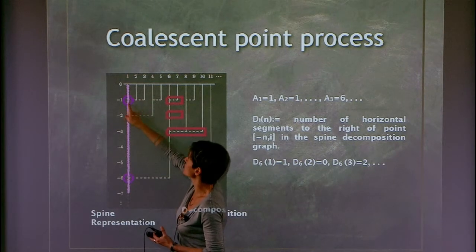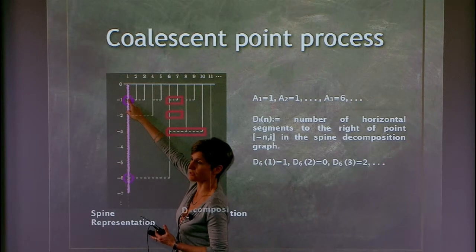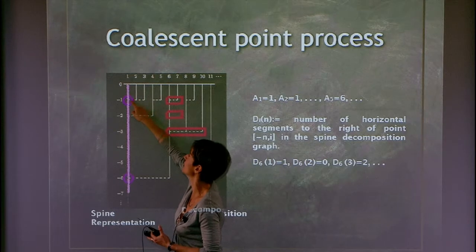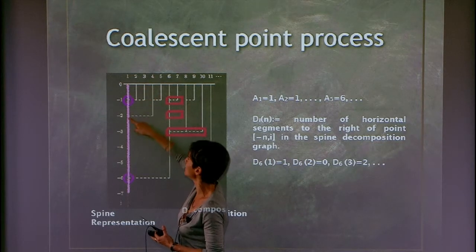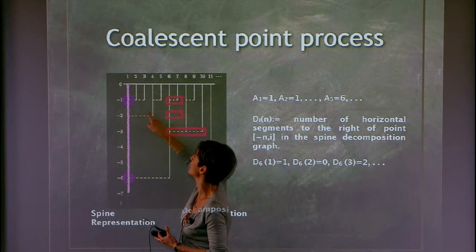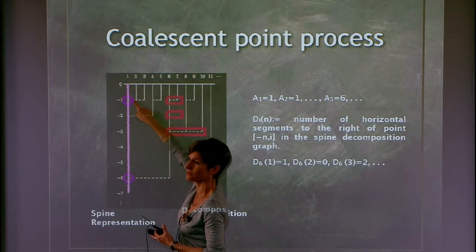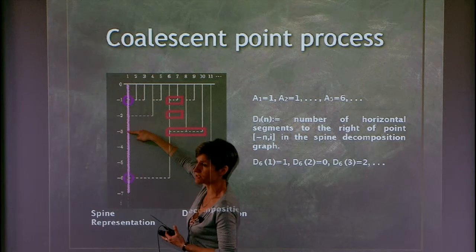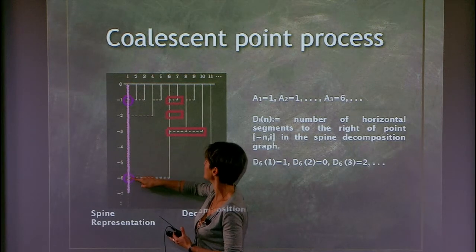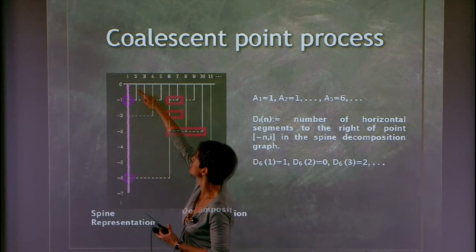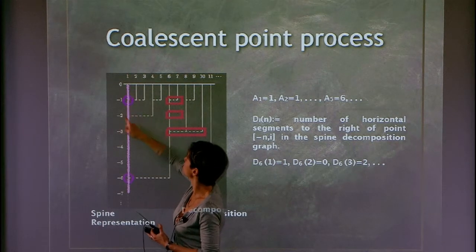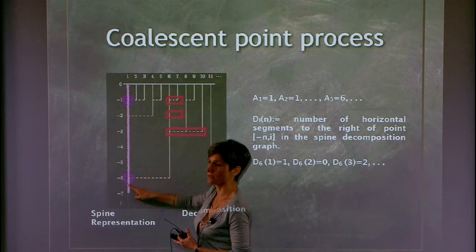The sequence consists of how many offspring each ancestor has that will make it to the present day, at each depth. So this one has 2 in addition to the spine, this one has 1 in addition to the spine, these ones have 0, 0, 0, 0, and this one has 1. So the first element of the chain would be 2, 1, 0, 0, 0, 1, okay?